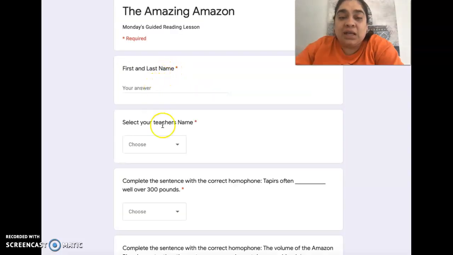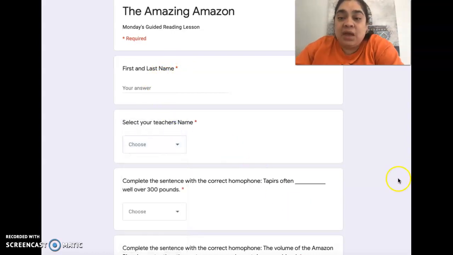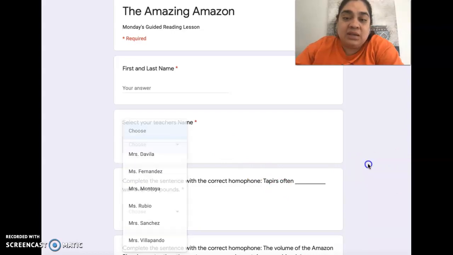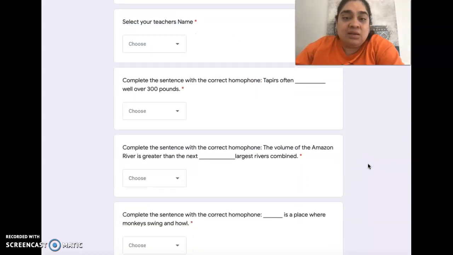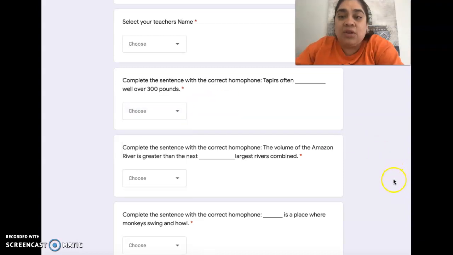You're going to put your first and last name, click on the drop down box and choose your teacher's name, and then complete the sentence. Read the sentence and choose the best homophone that would make the sentence complete. When you are done, don't forget to submit.